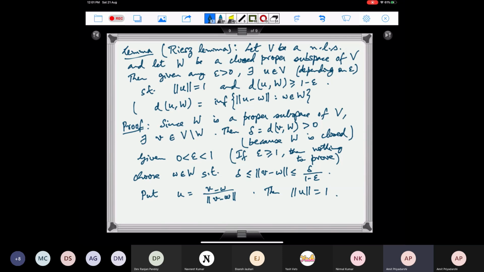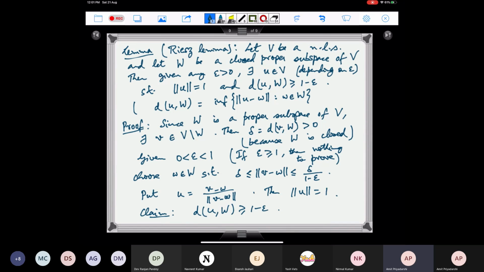So the claim is that the distance of u to W is bigger than or equal to 1 minus epsilon. For this, we have to take any vector in W and show that the distance of u to it is bigger than or equal to 1 minus epsilon.